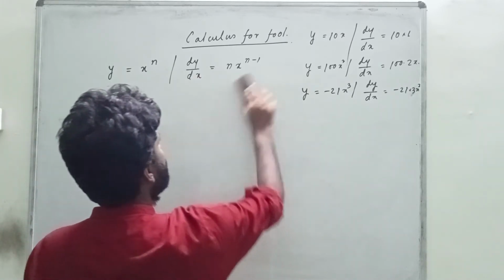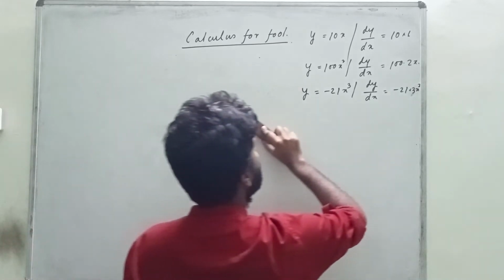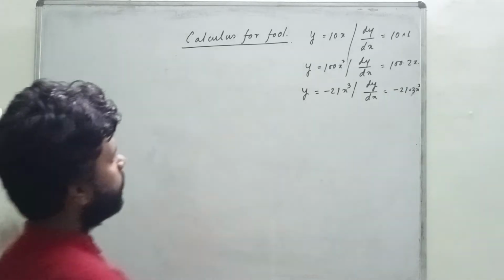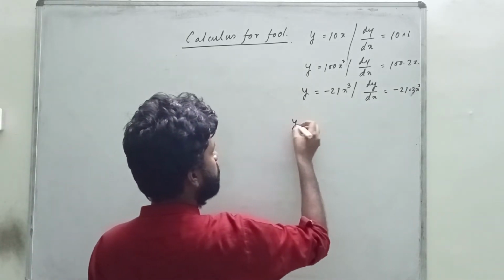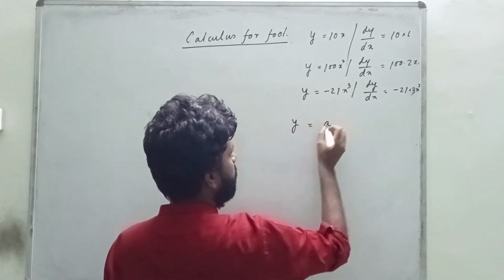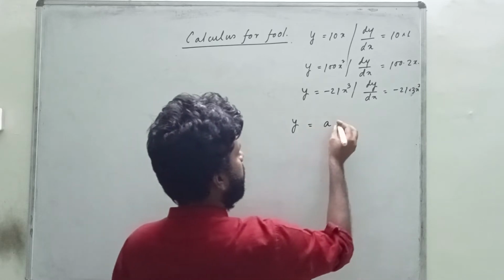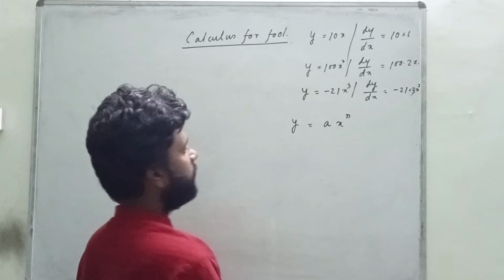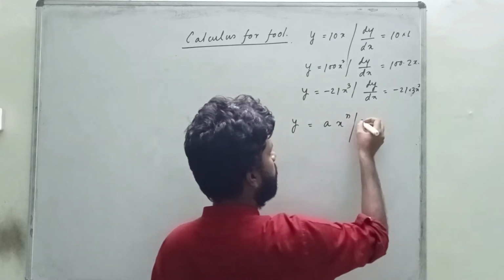Now I have ended up with a formula. If y equals a constant a times x power n, what will dy over dx be?